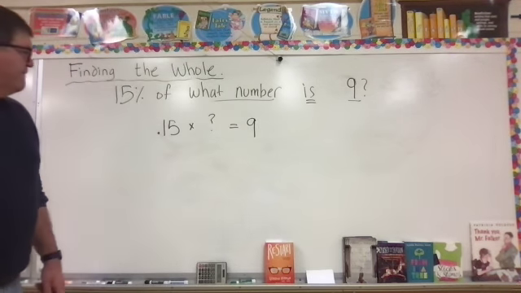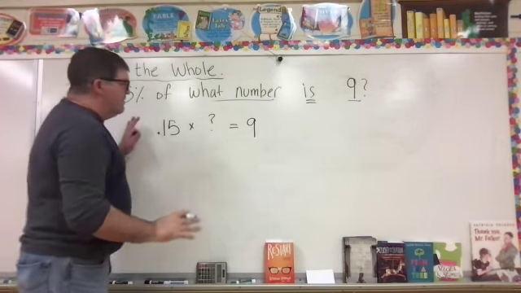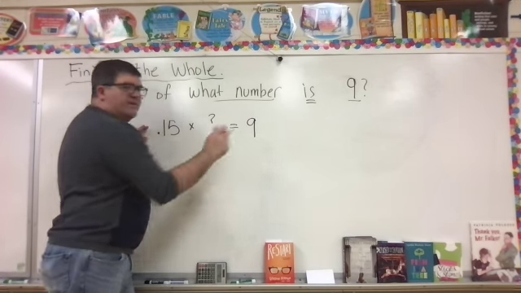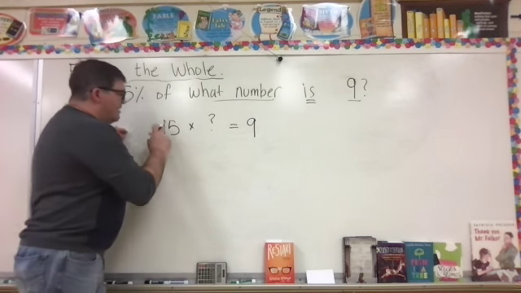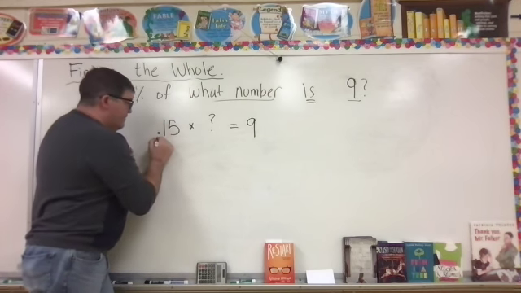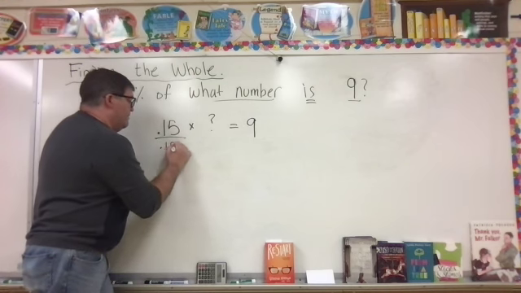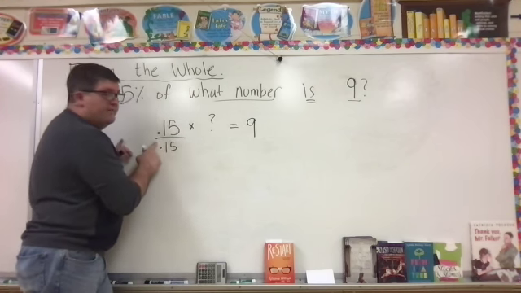Okay. Now, I would love for this to be 1 times something equals 9. And the way I get this to be 1, I divide it by itself. 0.15 divided by 0.15.